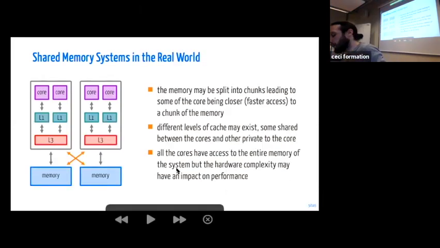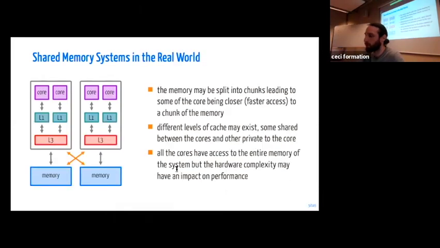Of course, the reality is way more complicated than that. If you take a real shared memory system, most of the time you have a compute node with 2 CPU sockets with multiple cores, and these cores have access to some memory that is closer to them. You can have caches like the L1 that is just available to the core, then L3 caches, higher level caches that are available to a bunch of cores, and then you have memory.